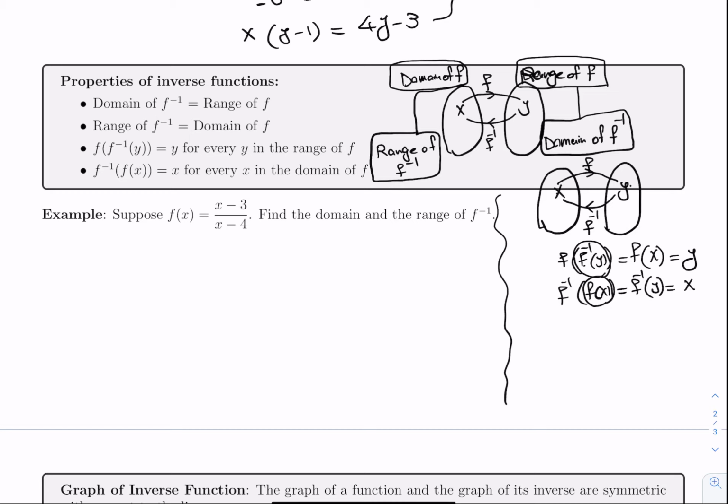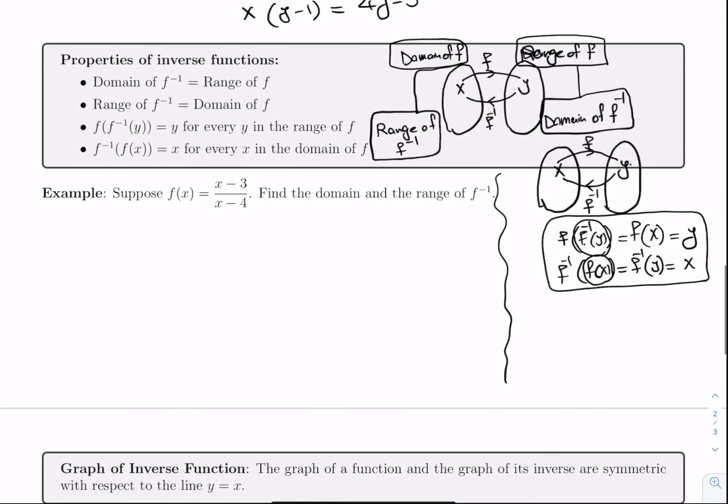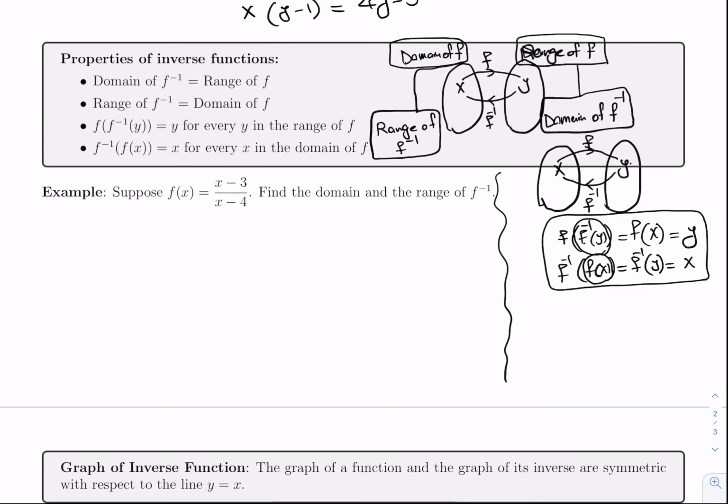So f inverse of f of x equals x, and f of f inverse of y equals y. This is called the inverse property. It will be helpful once we get to exponential and logarithmic functions, where we apply this property and find some very helpful logarithmic and exponential properties.